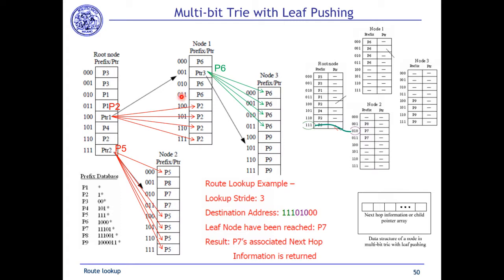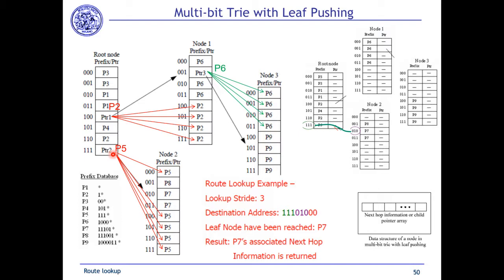In fact, if you see, this is the same example of lookup operation. You start from here, 111. There was a P5 in the original. This is the uncompressed version. This is the compressed version. But in P5 you find, sorry, you are here.